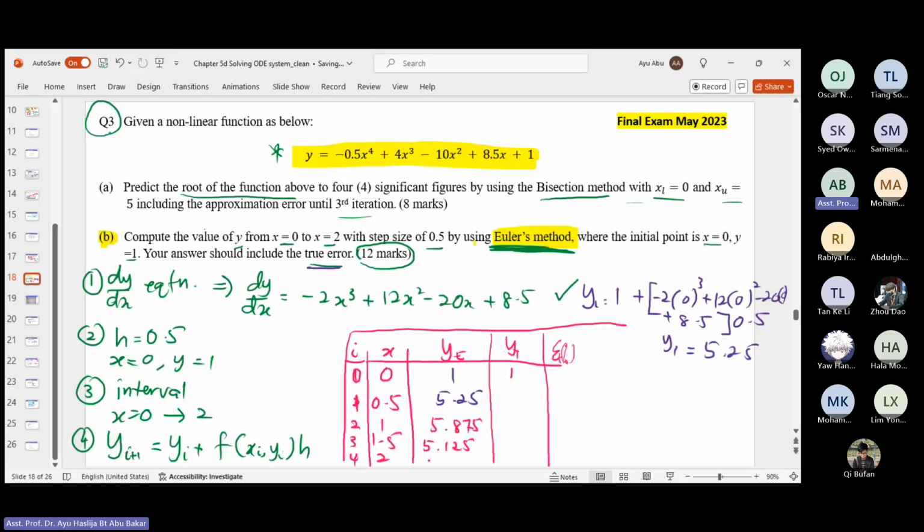So the last one is 4.5. How about the true value? Y1 is 3.219, yes, correct. This one should be 2.192.